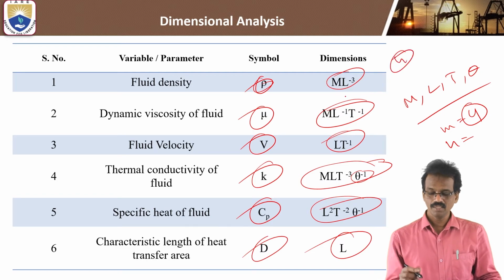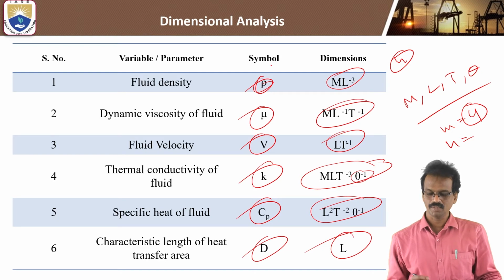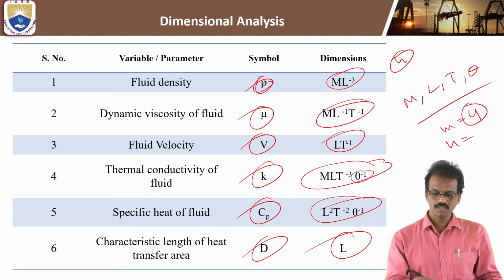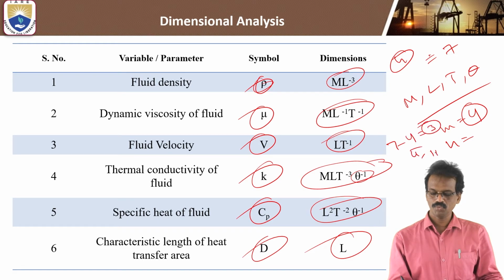To find the heat transfer coefficient h, we have to include all of them, and 3 parameters should be needed. So total variables in this problem is h plus 6, so total variables is equal to 7. So 7 minus 4 means 3 pi terms: pi 1, pi 2 and pi 3.